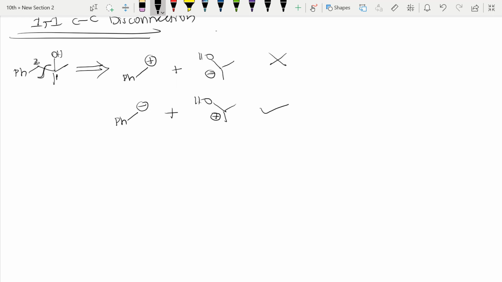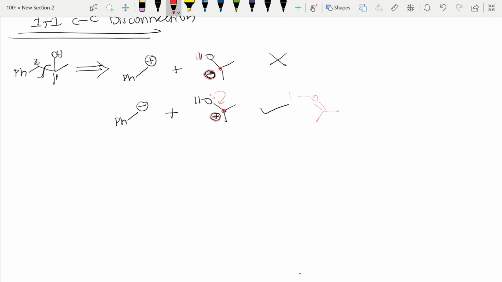You may ask why, sir? Because see, this negative charge is there, right? On this carbon, this negative charge is there. This negative charge is not stabilized by this OH group, whereas here this carbon is having positive charge, that can be stabilized by the lone pair of oxygen, right? So it can stabilize like this, oxonium ion we call it.